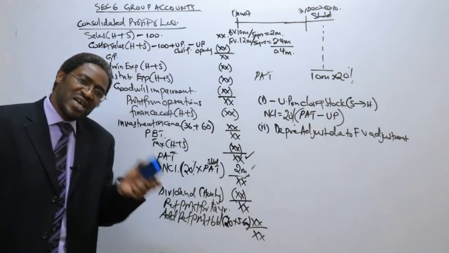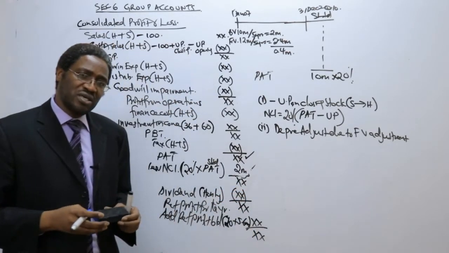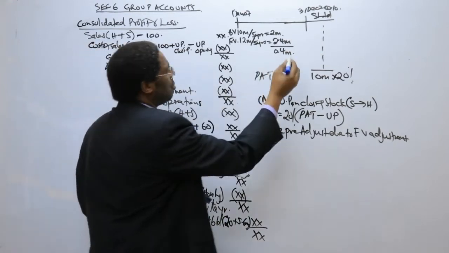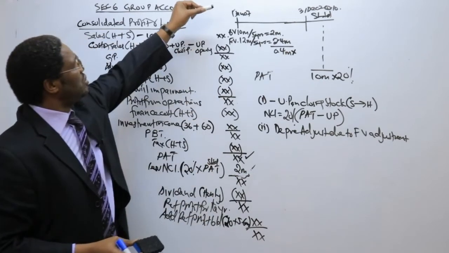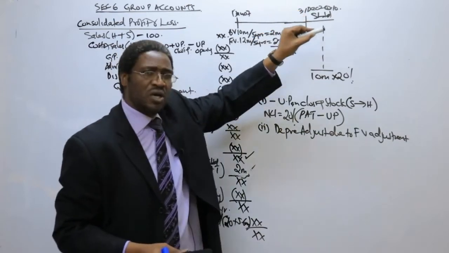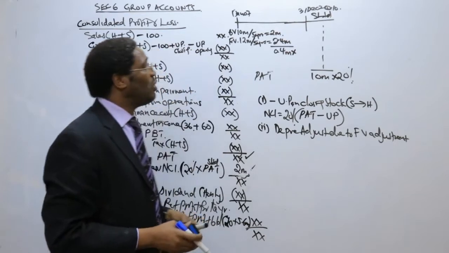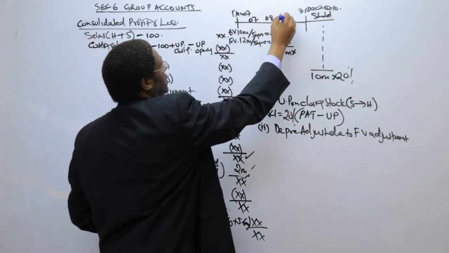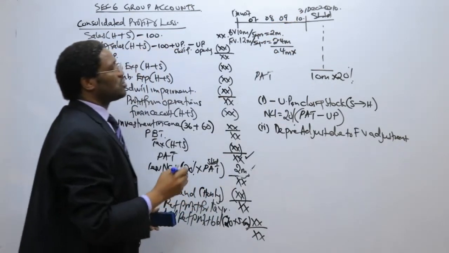Then we asked ourselves when we were doing balance sheet consolidation, for how long have they been under providing? We saw that from 1st January 2007 to 31st December 2010, there were 4 years. That is in the year 2007, in the year 2008, in the year 2009 last year, and in the current year 2010.